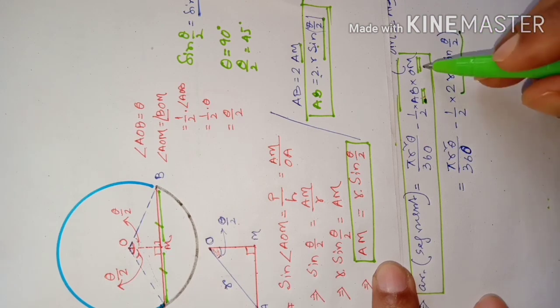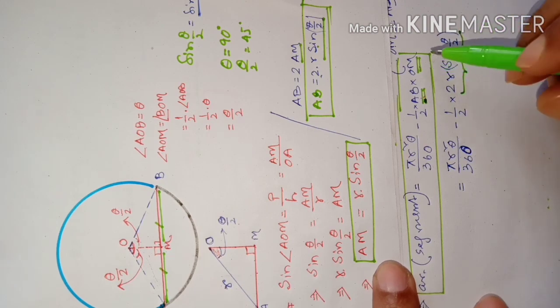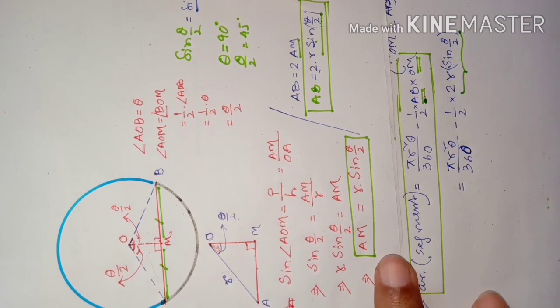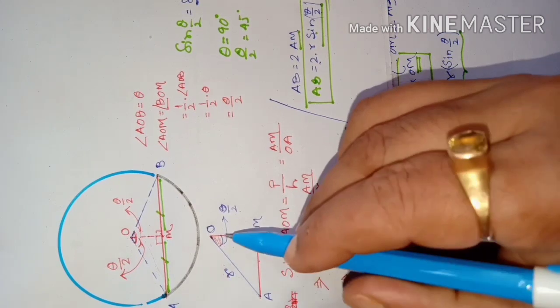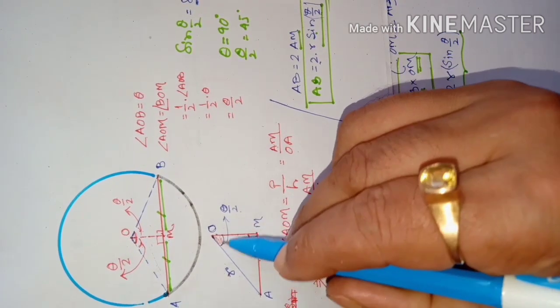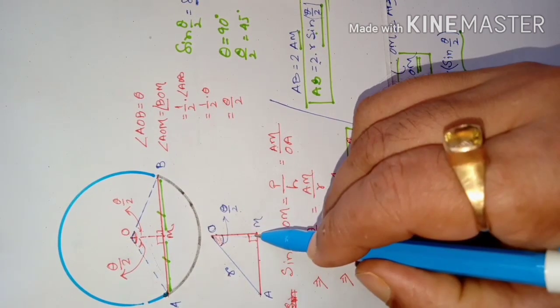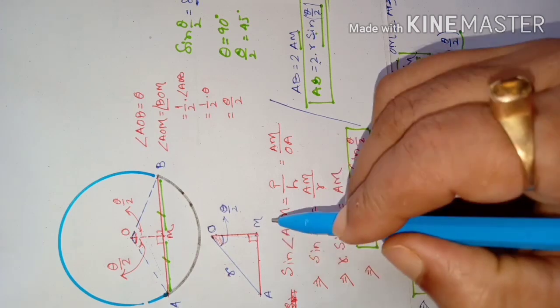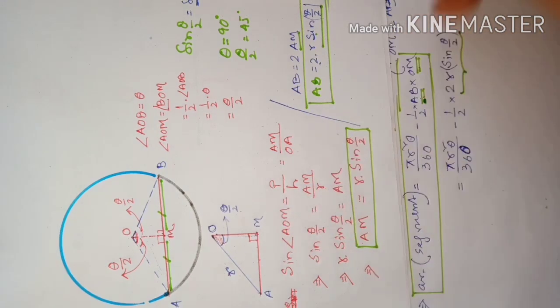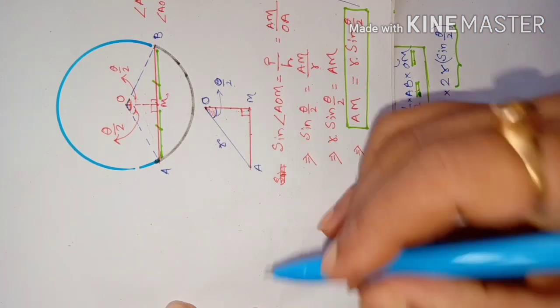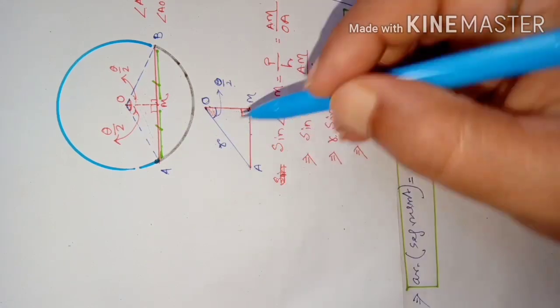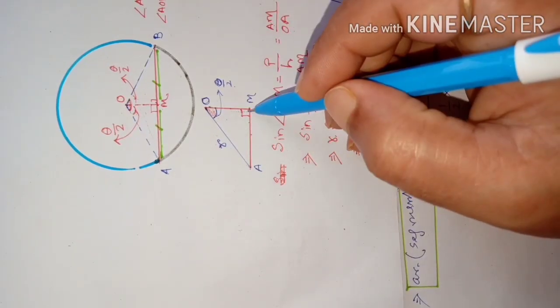Now we will have to replace OM also in a similar way. OM, look at the same diagram, same right triangle here. OM, dear students, with respect to this angle, you will call it base. If you write the cos ratio, I am writing here itself. Okay, dear students, just you see. OM, you want OM.